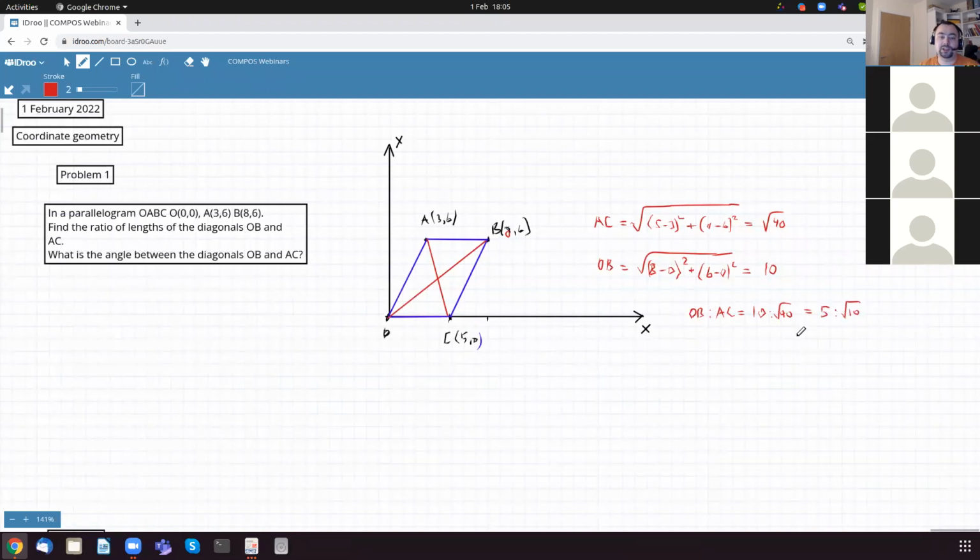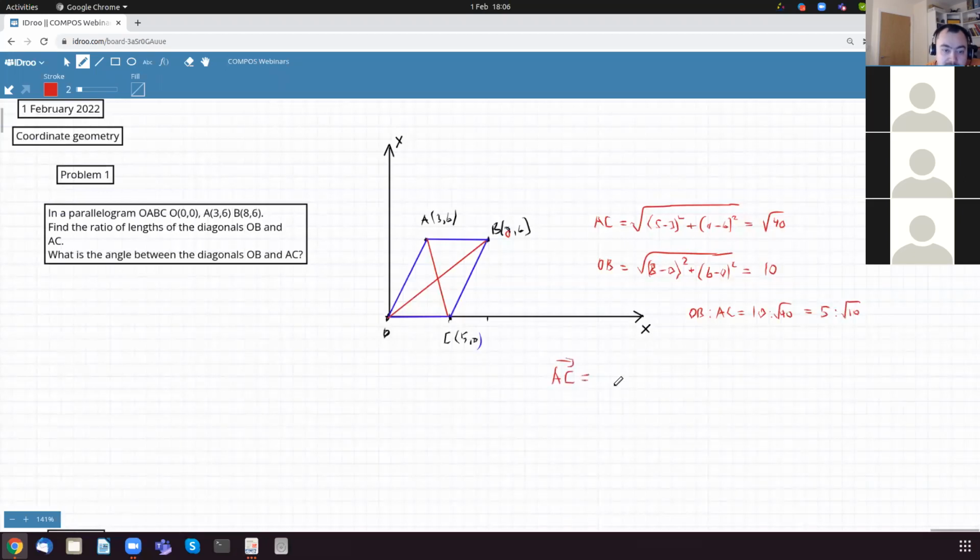That's pretty much it. And find the angle. Well, there are many different ways. For example, you can use the cosine rule. You can use the sine rule potentially to find the angle. I'm going to use vectors. So I'm going to write down the vector AC.